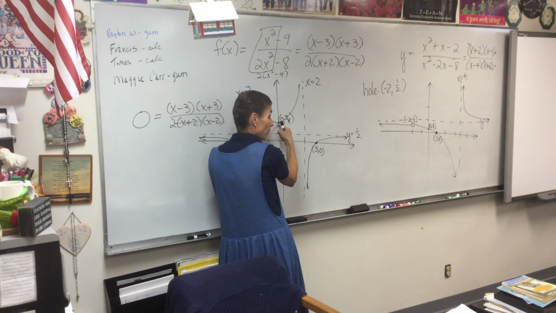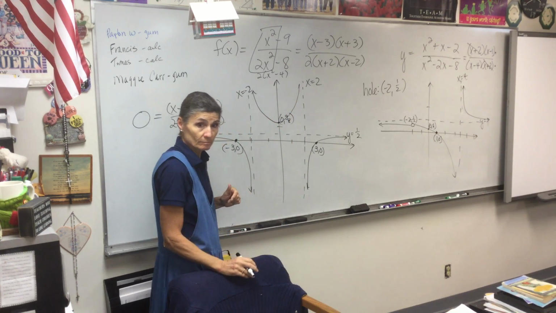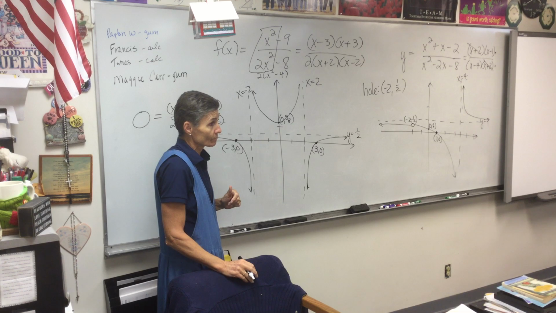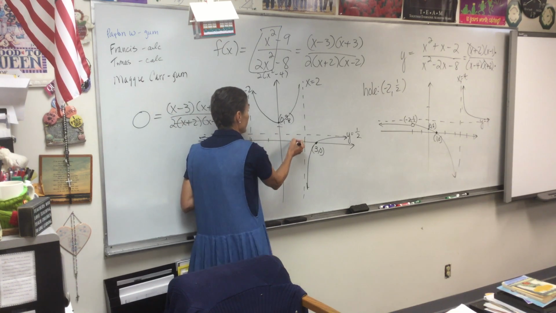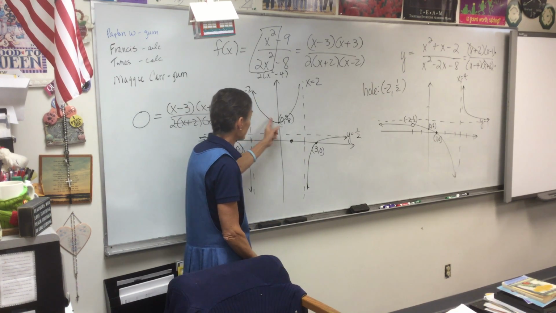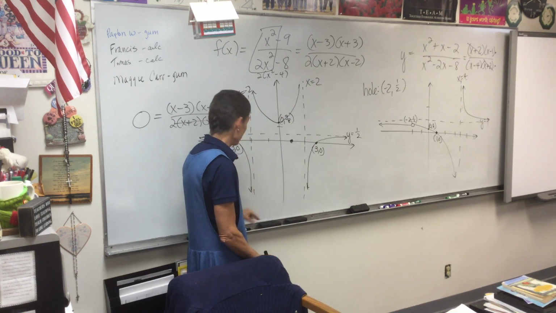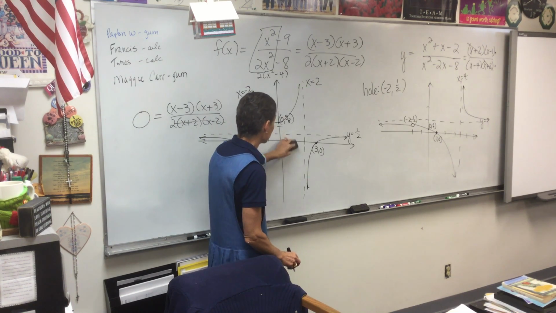So if I know that point's up there, that means they're all up there, right? Can't have any down here. The other one, we had a point here, so when we connected those, it went on down. And that's fine, but this one doesn't have a point there, so we can't do that.